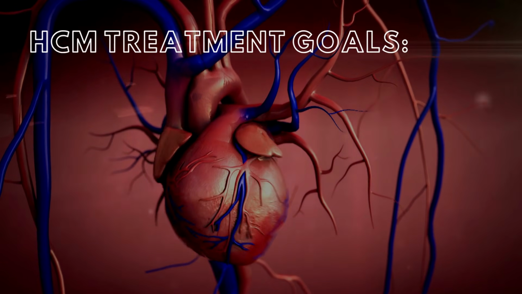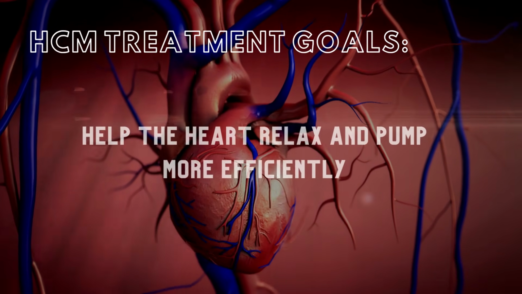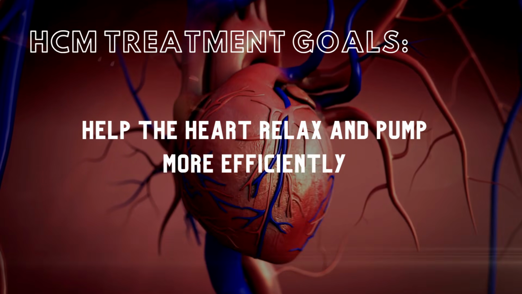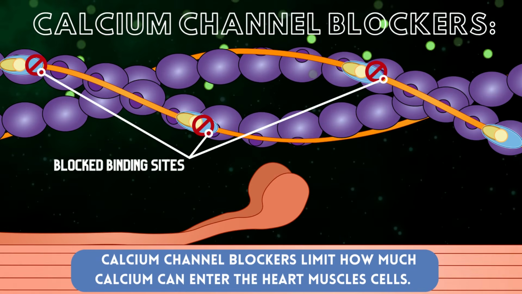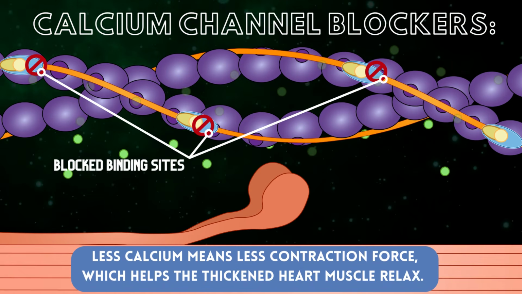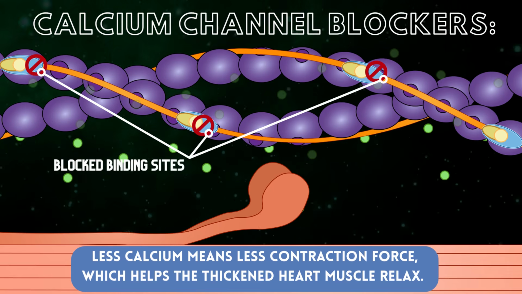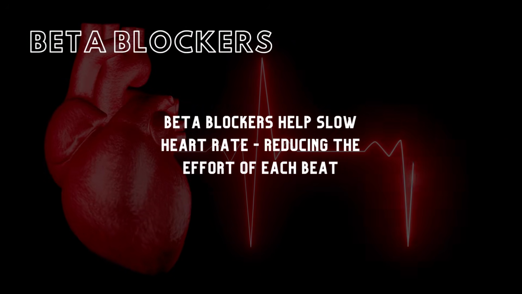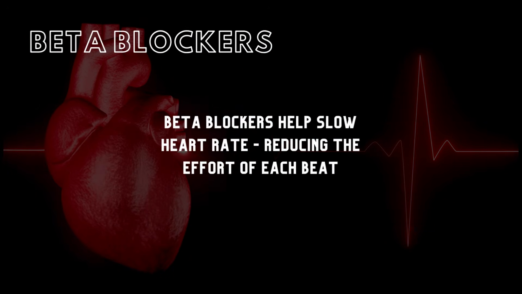Treatment depends on the severity of the condition, but the goal is always the same: help the heart muscle relax and pump more efficiently. Calcium channel blockers work by limiting how much calcium enters the heart muscle cells. Less calcium means less contraction force, which helps the thickened heart muscle relax. Beta blockers work similarly, slowing the heart rate and reducing the effort of each beat.